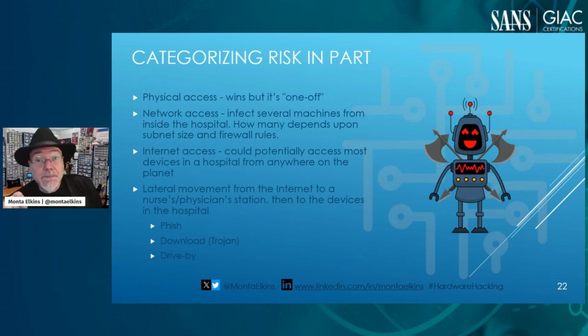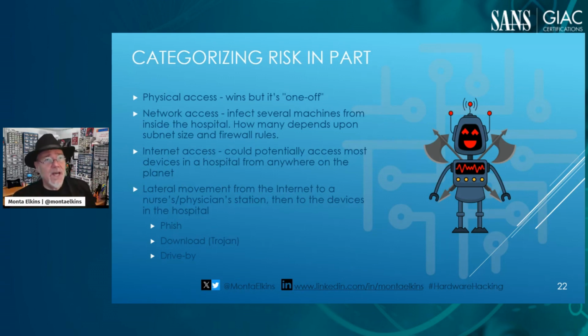But that depends upon how good your subnets are, what kind of firewall rules you have in place, right? But that would be a larger risk because I might be able to get several of them. If that network also includes some internet access, well, now maybe I can get to lots of them at the facility remotely, and maybe even multiple facilities, right? So that represents even more risk.